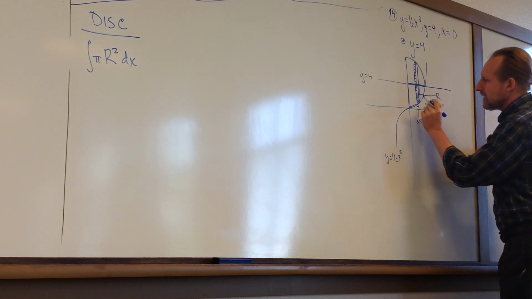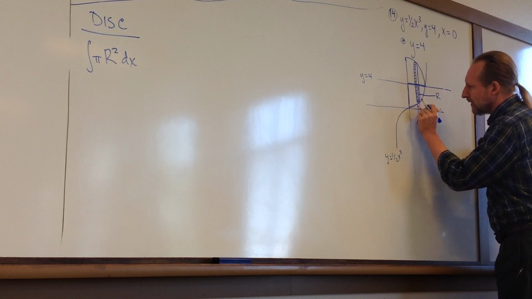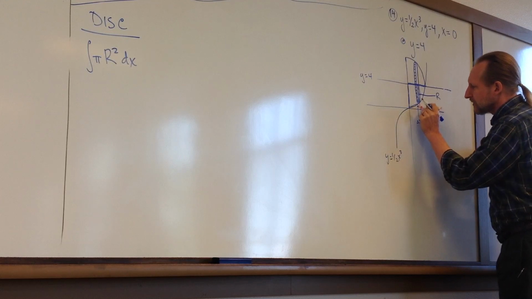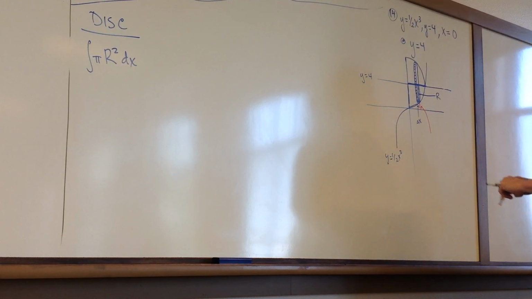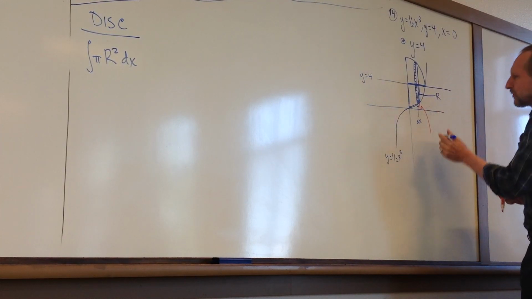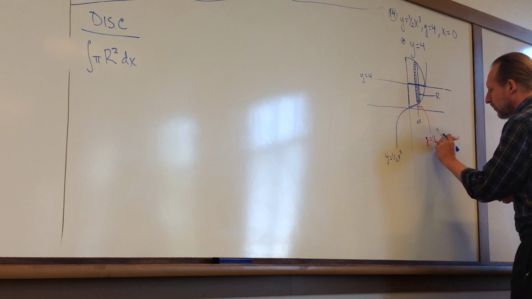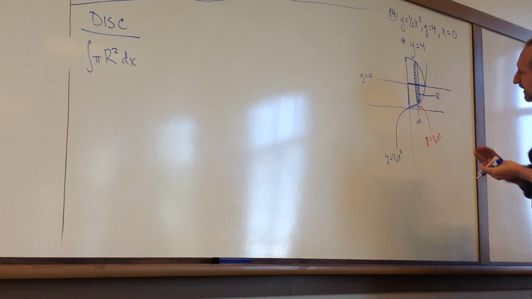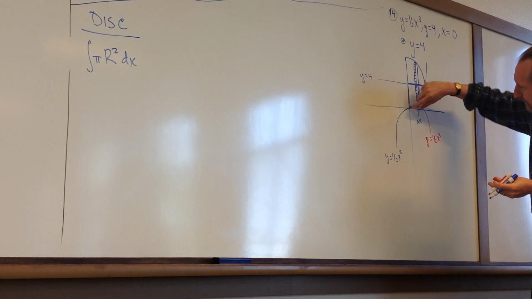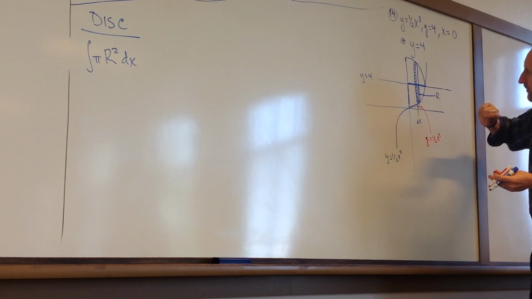Now, down here, when we were doing those other problems, this is where the radius typically was. It was the function value. This is the y value right here. This is y, which is 1/2 x cubed. That's that distance right there. There's the x, there's the y, there's the coordinate.